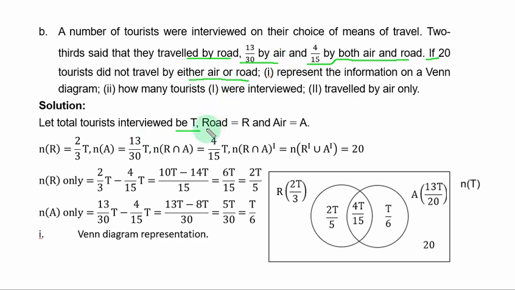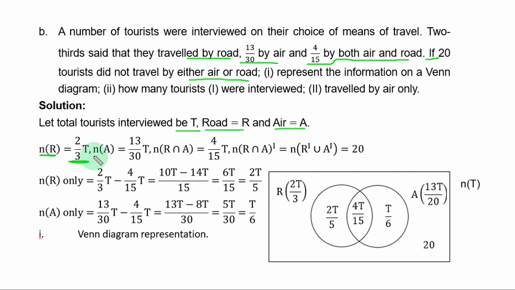Those that traveled by road be R and air A. From the information, the number of those that traveled by road is 2/3 of the total tourists.